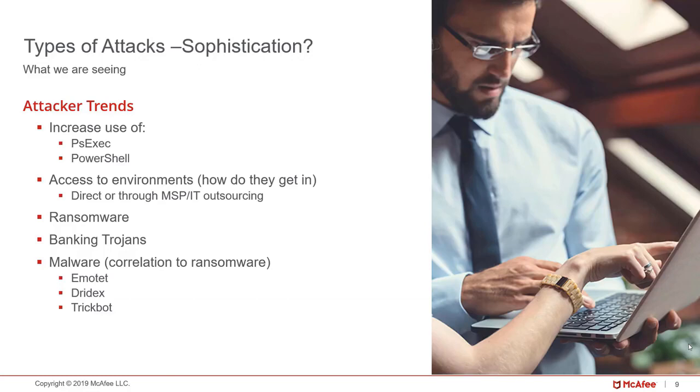So the use of psexec. psexec is a great tool for remote deployment of processes and tools or applications or programs in your environment. However, if you don't use it, why not block it through an access protection rule? And if you do use it, why not allow it at those times that you need it?